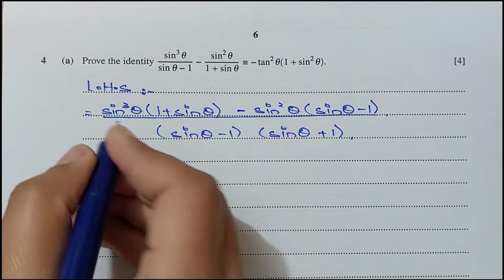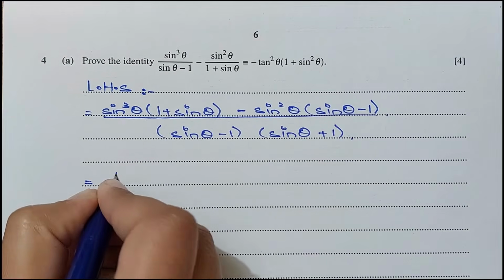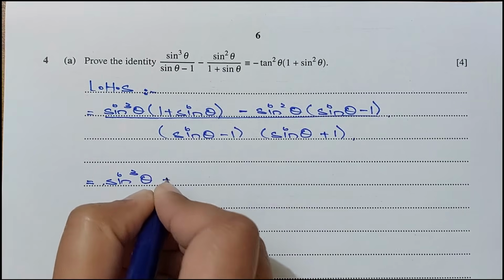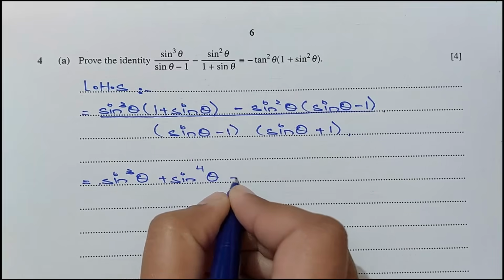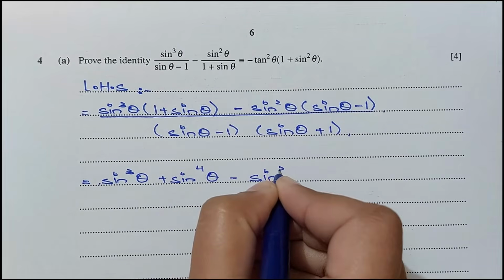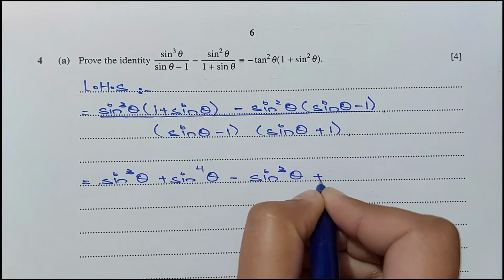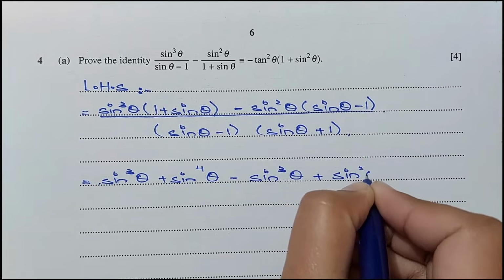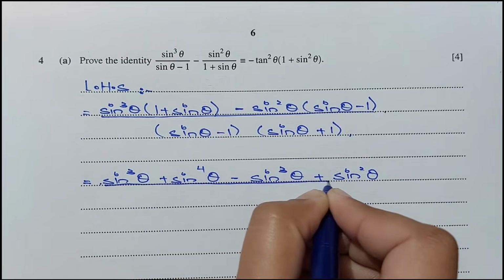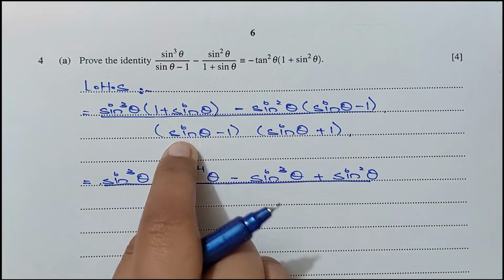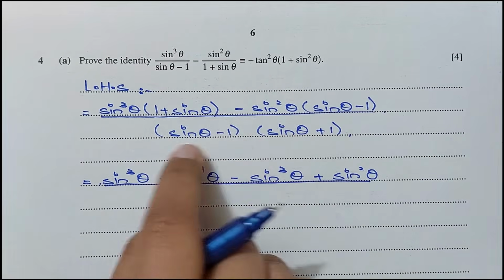In the next step, let me multiply: sine cubed theta plus sine to the power 4 theta. Okay, so minus sine cubed theta, and minus times minus is plus sine squared theta, divided by sine theta minus 1, sine theta plus 1.